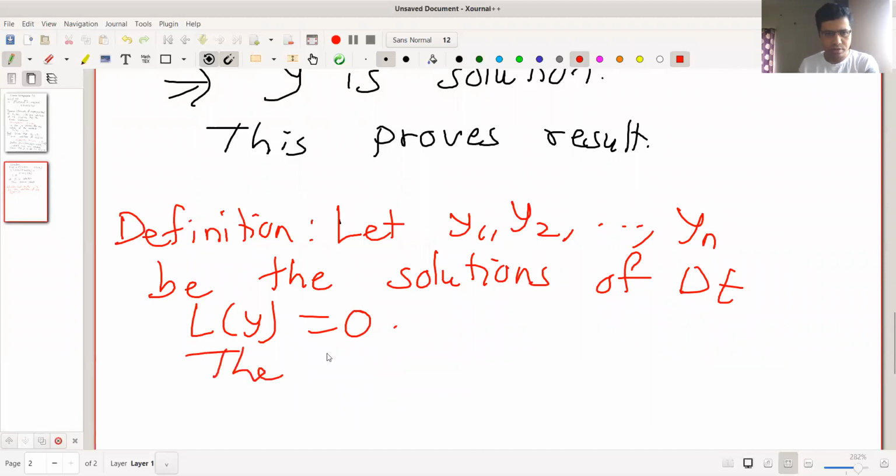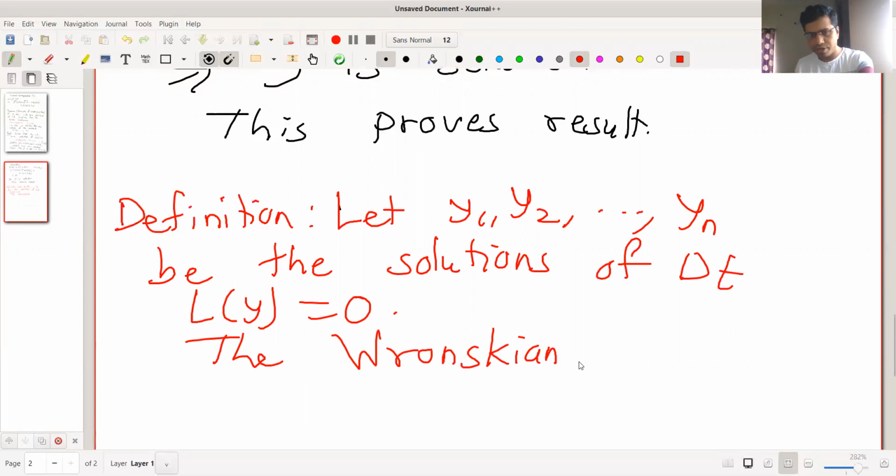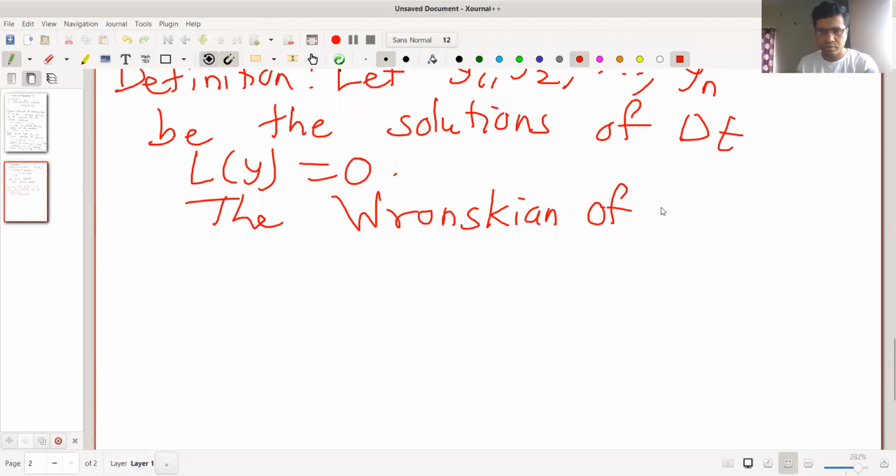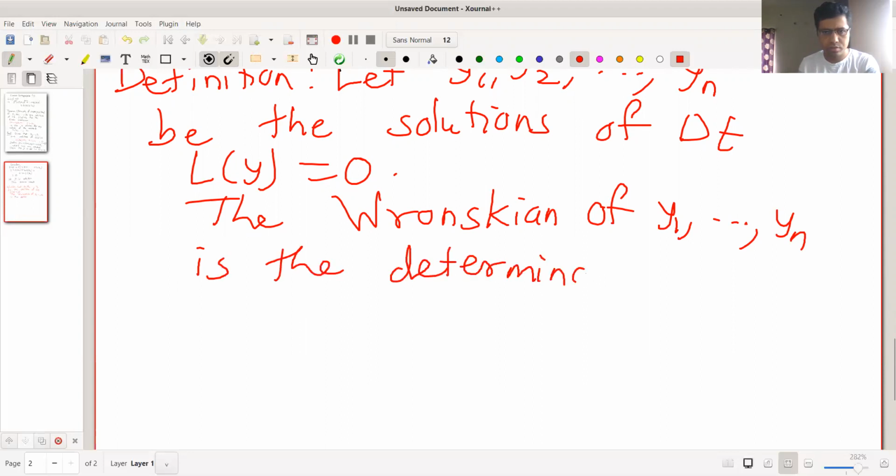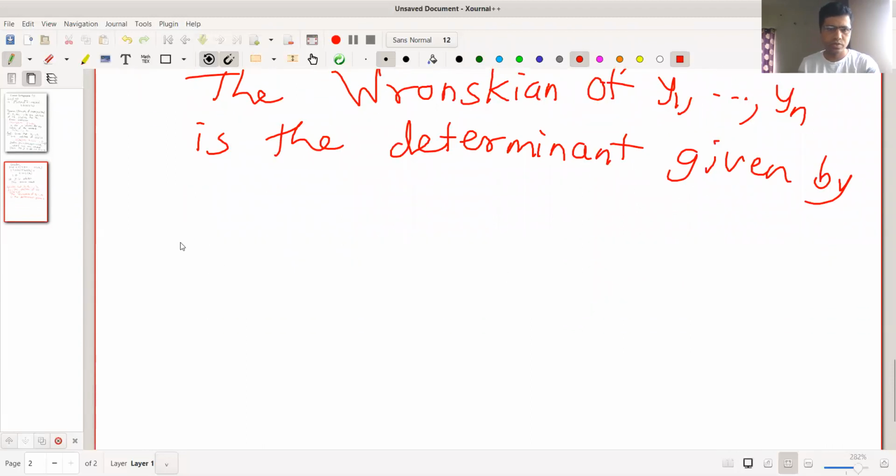The Wronskian of y1, y2 and so on yn is the determinant given by W of y1, y2 and so on yn.